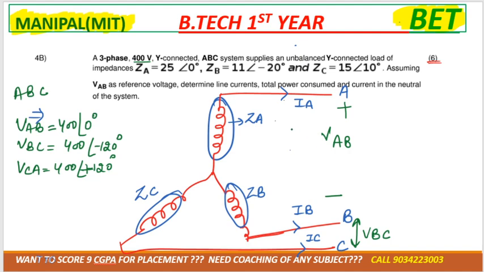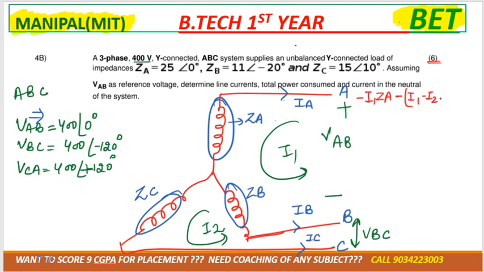Okay, now we have to apply KVL. Suppose this is I1 and this is I2. For that we have to write down the KVL equation. That would be minus I1 ZA minus (I1 minus I2) ZB plus VAB.